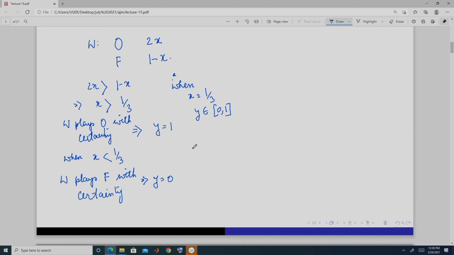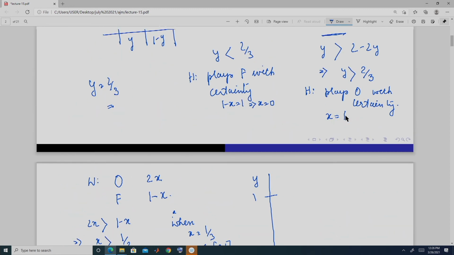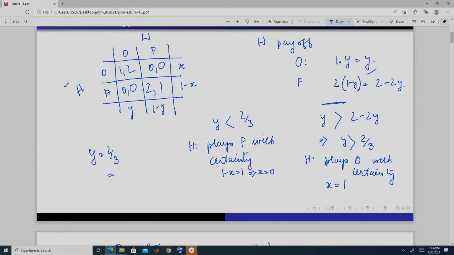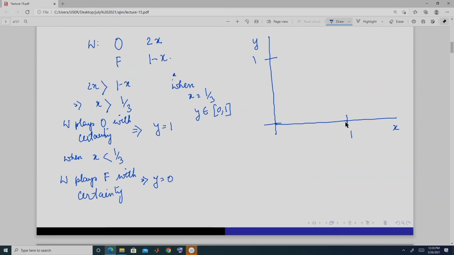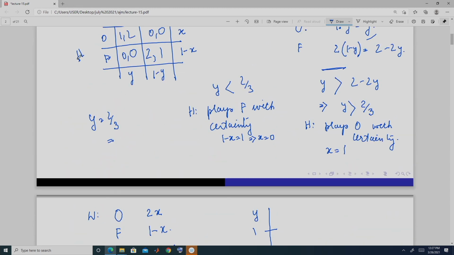Now, we represent this whole information through a graph. Okay? So, in this axis we plot x and in this axis we plot y. Suppose this is 1, this is 1. If x takes value 1, it means that H is playing O with full certainty. So this is O. And when x takes value 0, it means player H, husband, is playing F with full certainty.